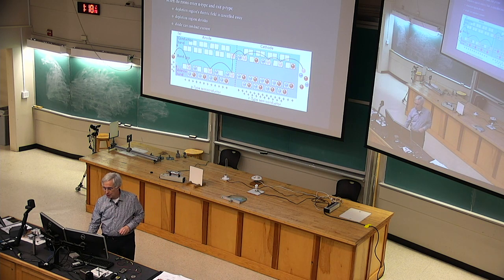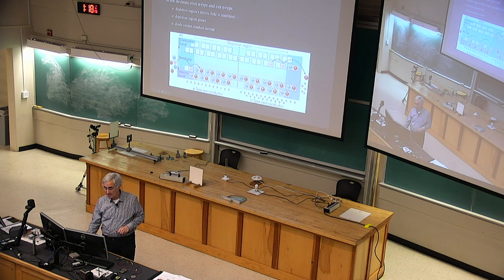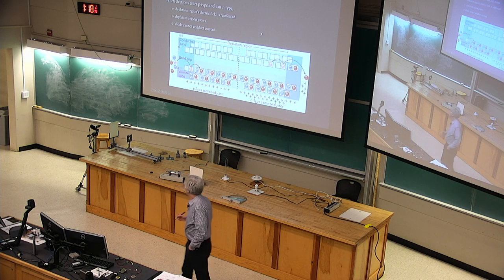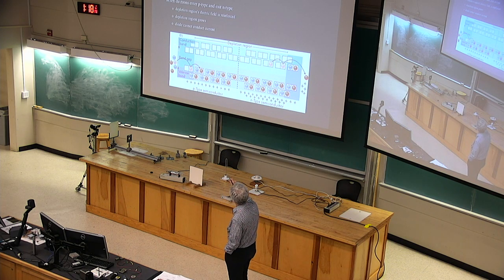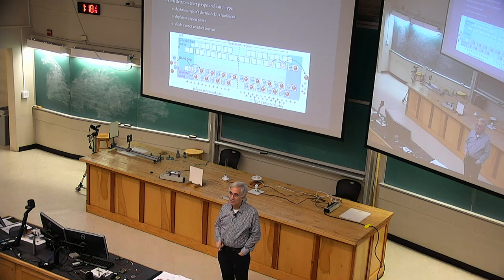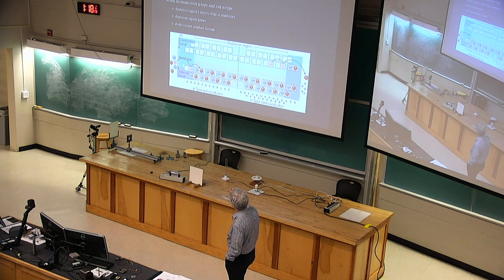If you try to push charge the other way, so if you try to shove the electrons in from the p-type side and suck them out of the n-type side, you make the depletion region bigger. It's not helpful. Here we're shoving electrons into the p-type semiconductor.